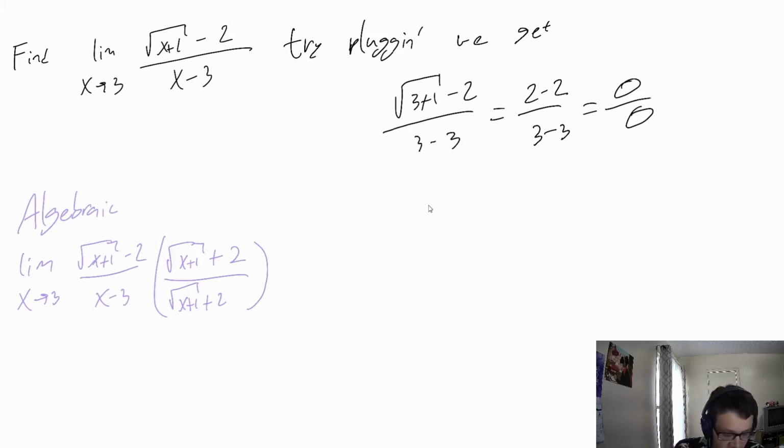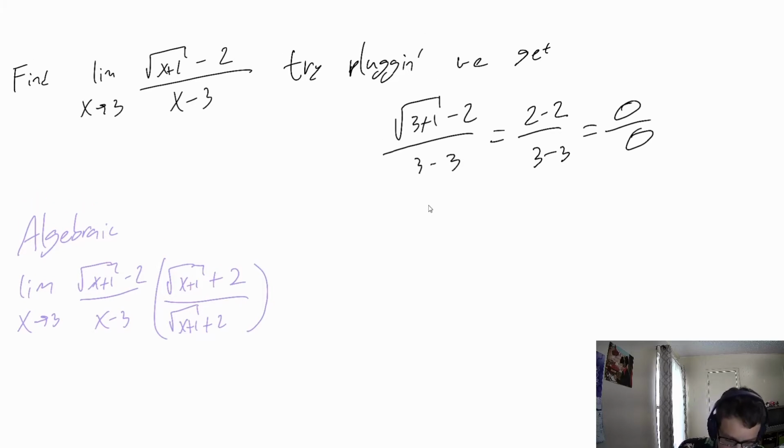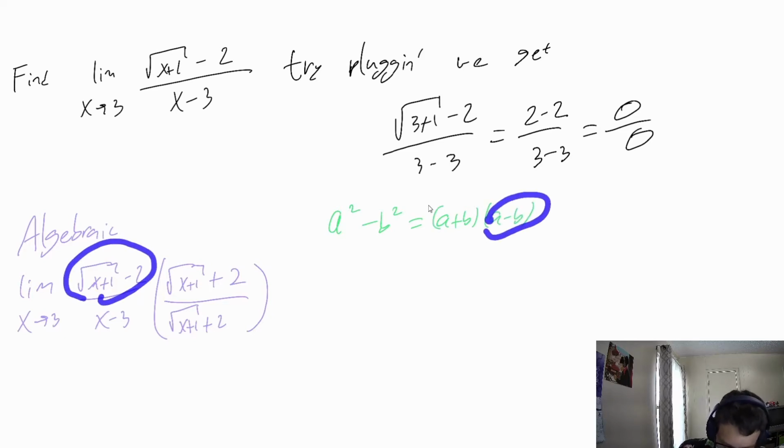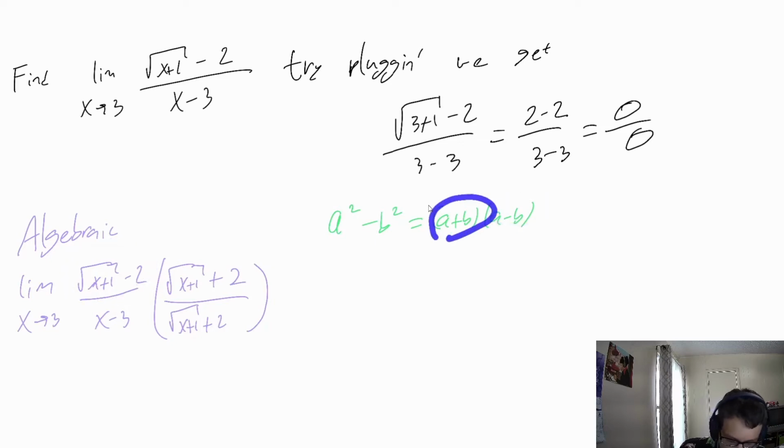Okay, why are we doing this? Well, it's kind of like the difference of squares in reverse. So if we have a squared minus b squared equals a plus b times a minus b, we're starting out over here with a minus b, and we're multiplying by an a plus b to get this thing here. And it's going to give us some good cancellation.